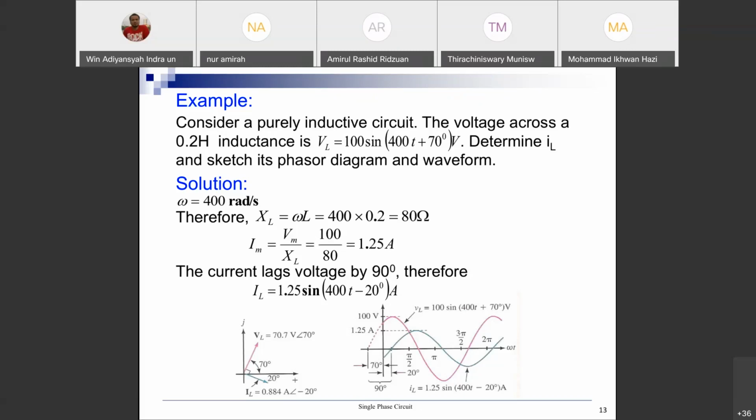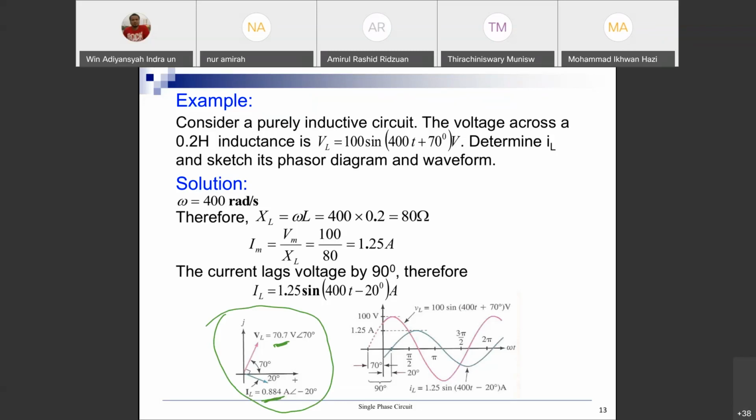One of you asked about this one. Look at the phasors here.